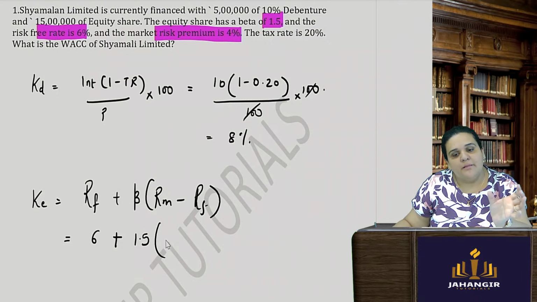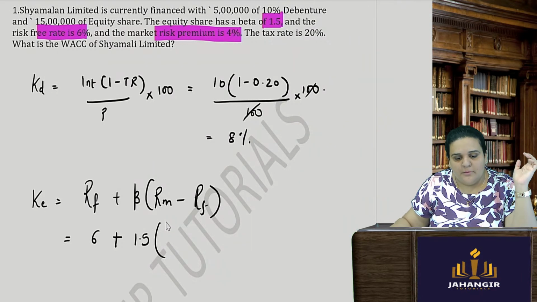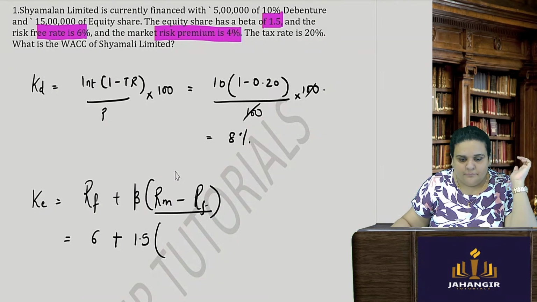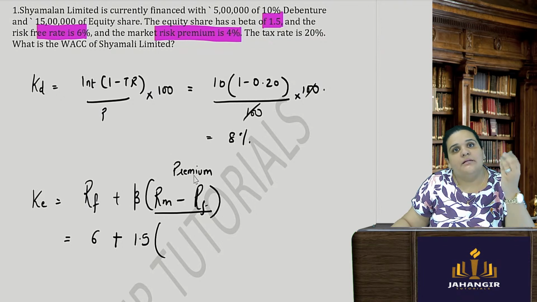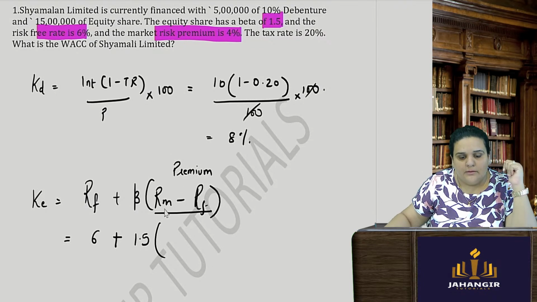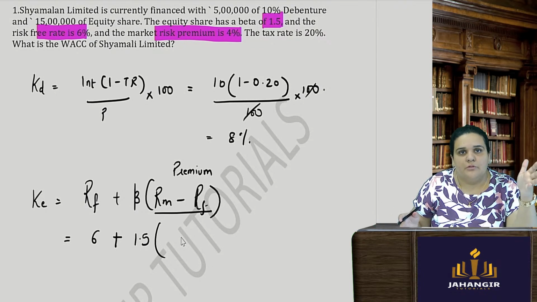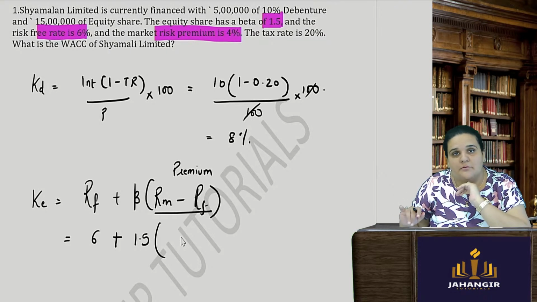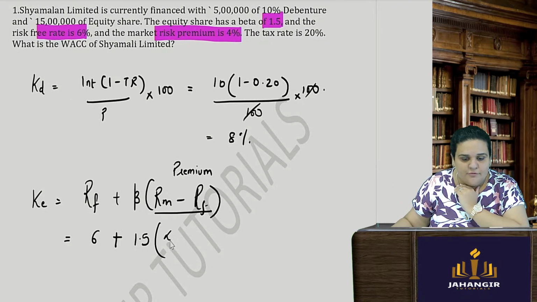They have directly given me the premium. Market risk premium, this itself is a premium. RM minus RF, other word is the premium. The additional thing which you are getting to move to the market from a risk-free security. So this is into 4. Right. So this will come as 12%.